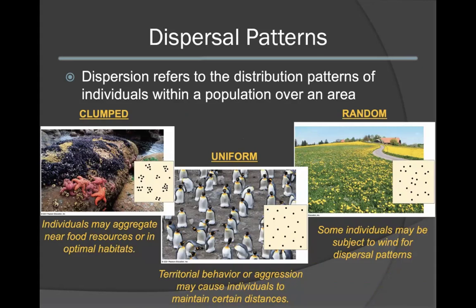In a uniform distribution, the individuals are spaced uniformly throughout an area. This typically results when there's territorial behavior or aggression that causes individuals to maintain themselves at certain distances. A random distribution pattern occurs typically when individuals are subject to wind for dispersal.